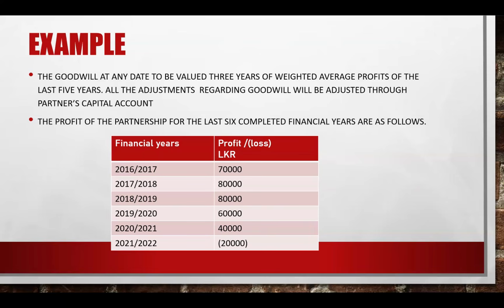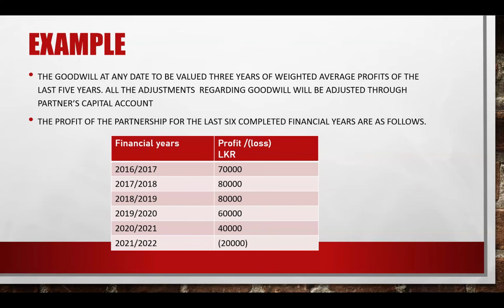I think you may have got some idea of this information. If you can't understand, please read it again. It doesn't matter how well you got it. Okay, let's move to the calculation part.